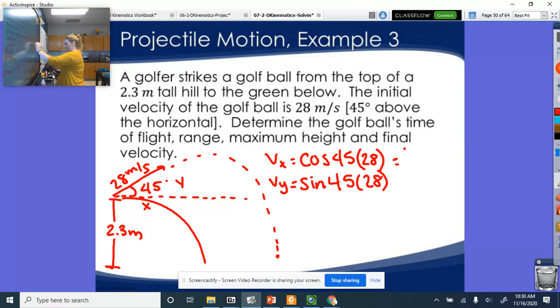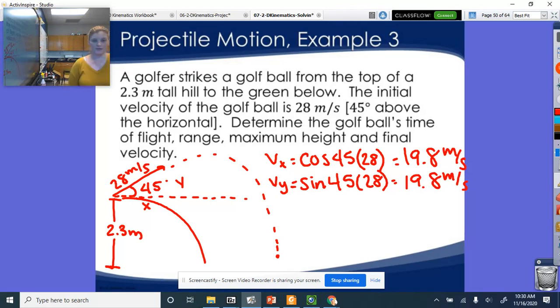So in the x, I get 19.8 meters per second. And in the y, I get the same thing because it's at a 45-degree angle. So we're moving equally as fast in the x and in the y direction.